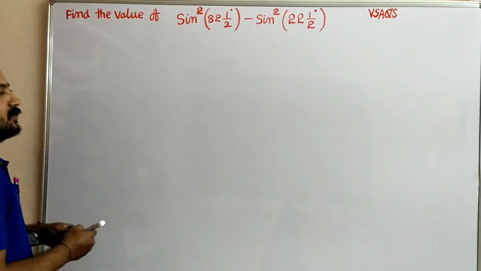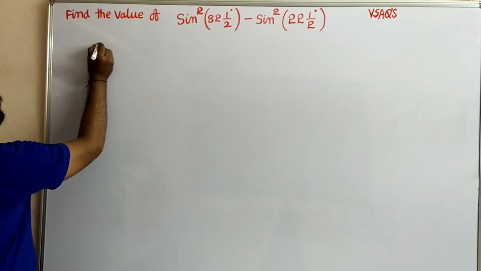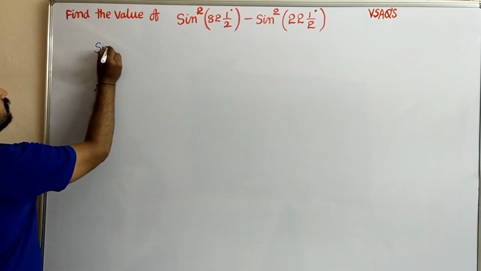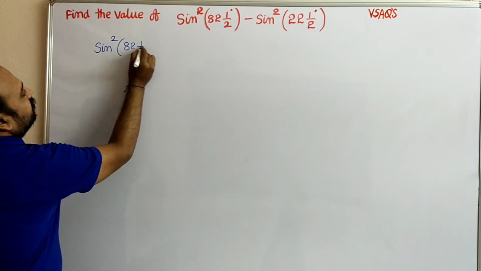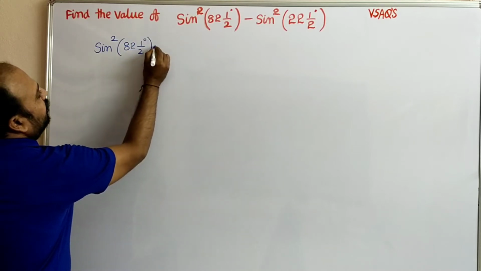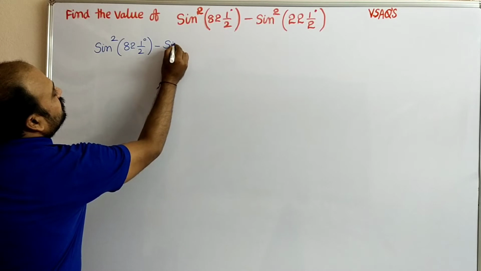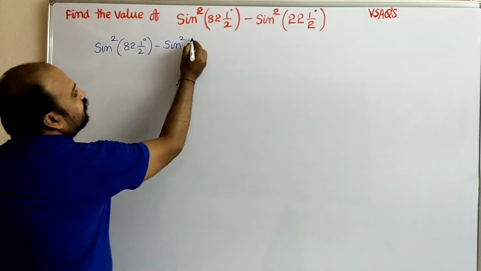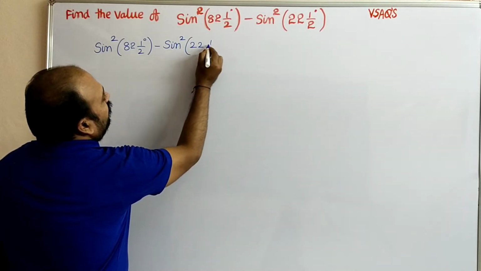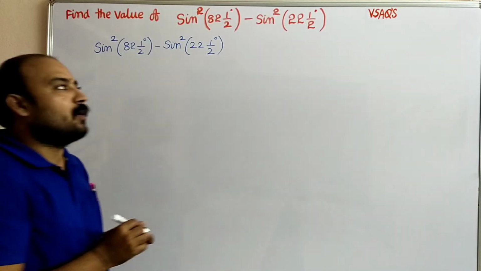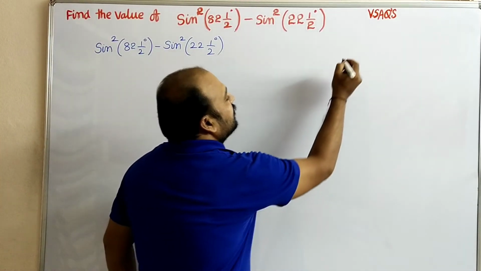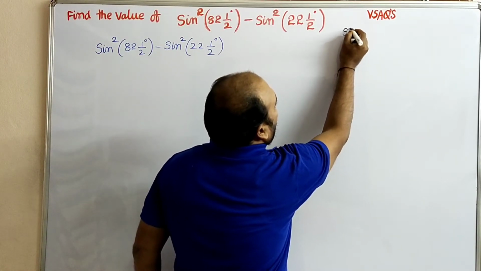First you write it: sine square of 82 and half degrees minus sine square of 22 and half degrees, which is in the form of sine square A minus sine square B.